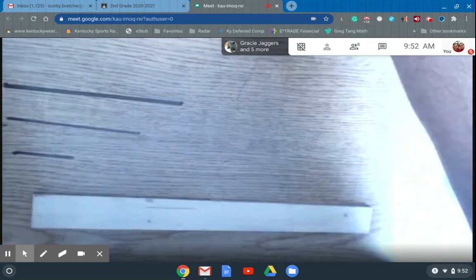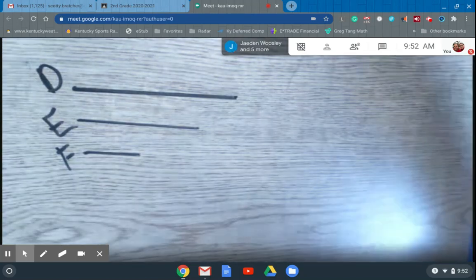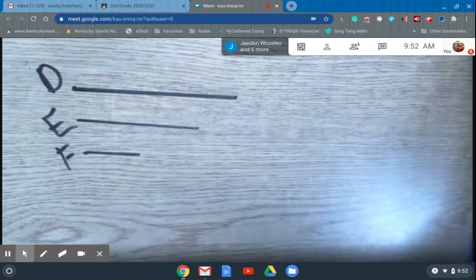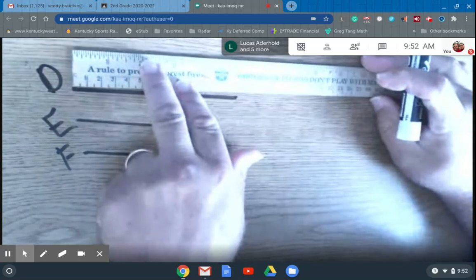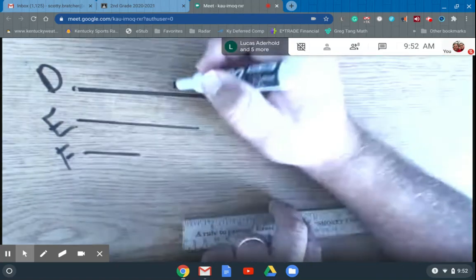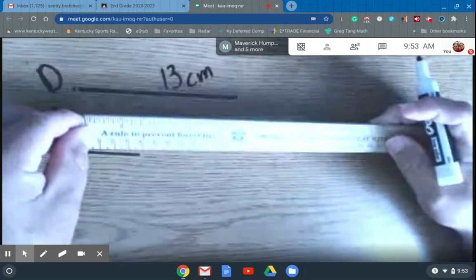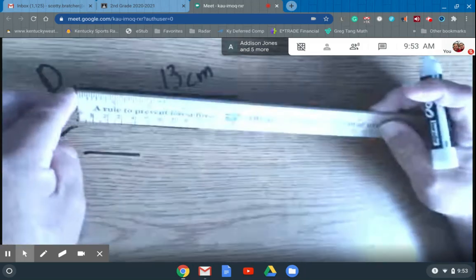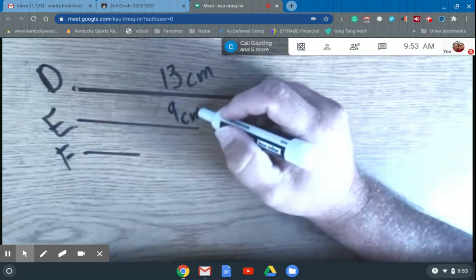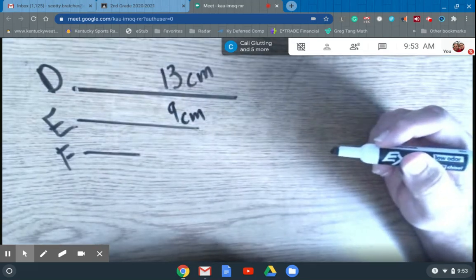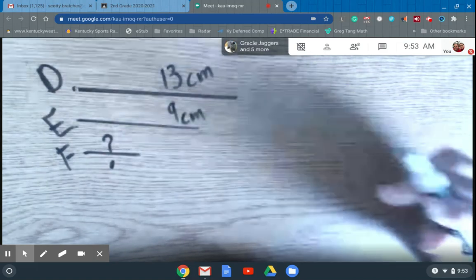Let me move your... there we go. So I'm actually going to measure it here just to make it a little bit faster. So this one is 13 centimeters. This one's 9 centimeters. And this one, we're going to figure it out. I'm going to say I don't know.